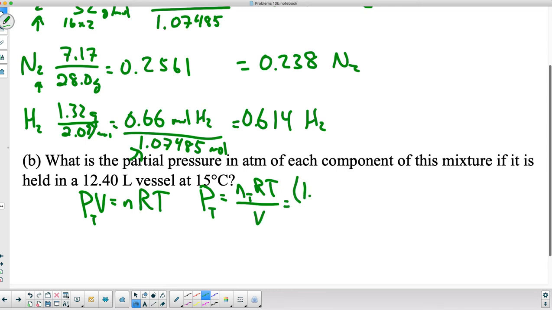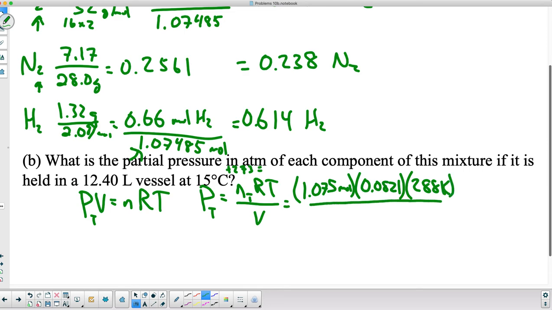I just simply fill in what I have. I have 1.07475, like that. That's the number of moles. My R value I'm going to use for atmospheres. And then my temperature is 15 degrees Celsius plus 273. What I do every time is to change to Kelvin. And that will be, what, 288? 288 Kelvin, like that.